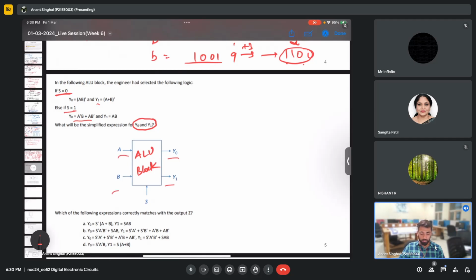You can try this out. I have given you a hint: you can treat this as a multiplexer with multiple outputs. Then maybe you can find it out, and then I'll solve this also.